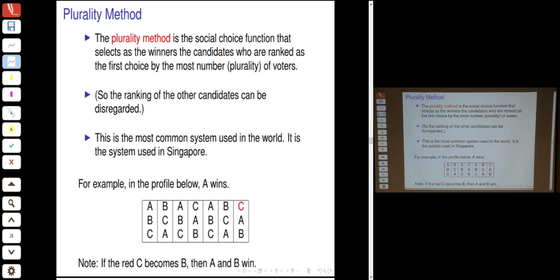One popular social choice function is called the plurality method. A plurality method is a social choice function that selects as winners the candidates who are ranked as first choice by the most number, or plurality, of the voters. Notice that as soon as there are 3 or more candidates, the candidate who receives the most first choice votes might not receive a majority of the total number of votes.